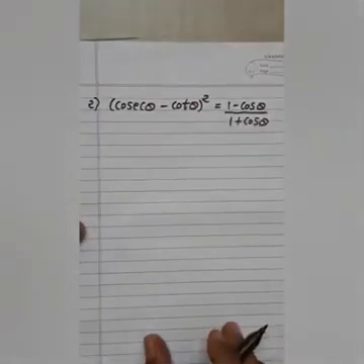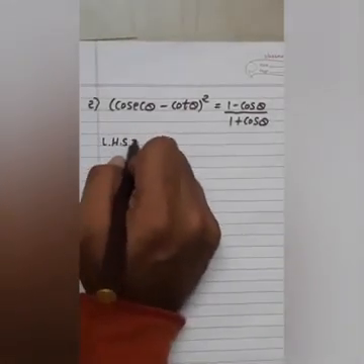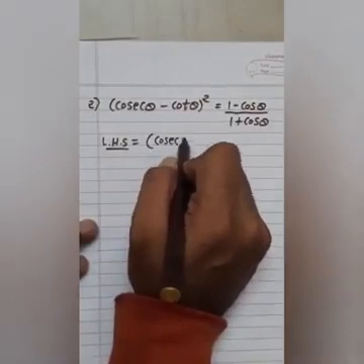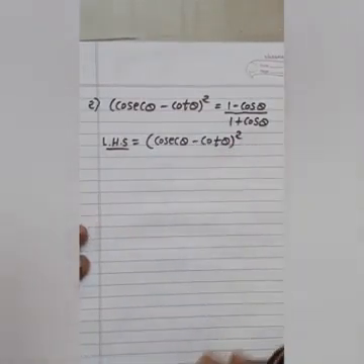So again start here with the LHS side. It is equal to cosec theta minus cot theta whole square.